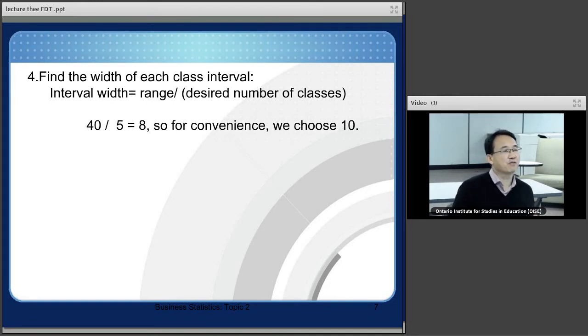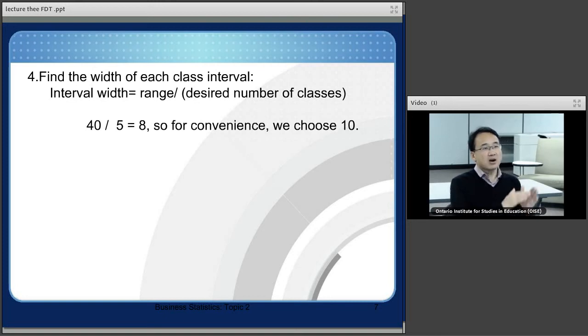Here, the range is 40. The designed number of classes we choose is 5. So divided, it is 8. For convenience, we choose 10. Why do we choose 10? We don't choose 8. It is for convenience.